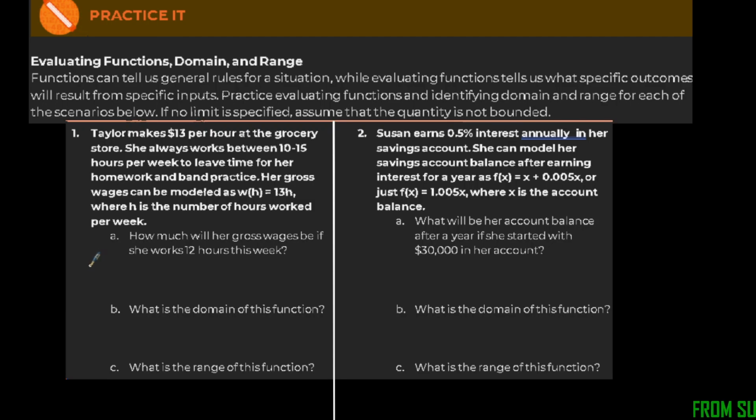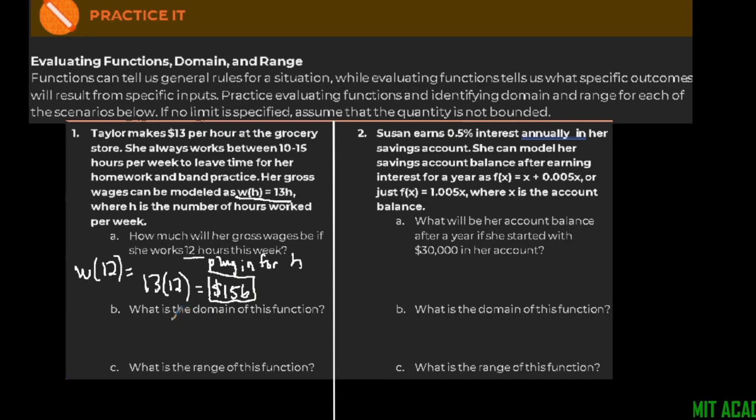We have our function already written right here, and so all we have to do is plug in for H. So I'm going to say, okay, I have W of 12 equals 13 times 12, which is equal to $156. So real simple.